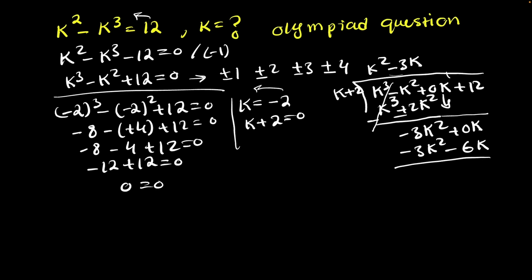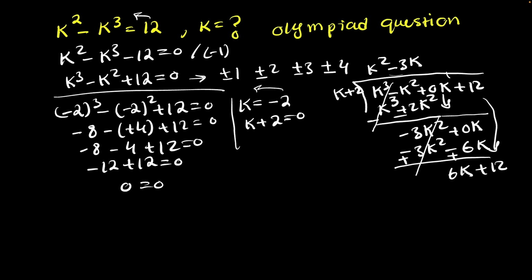So subtract, change the signs, we can cancel out these two terms, and we have 6k plus 0k, it becomes 6k, and move down the 12, so positive 12.